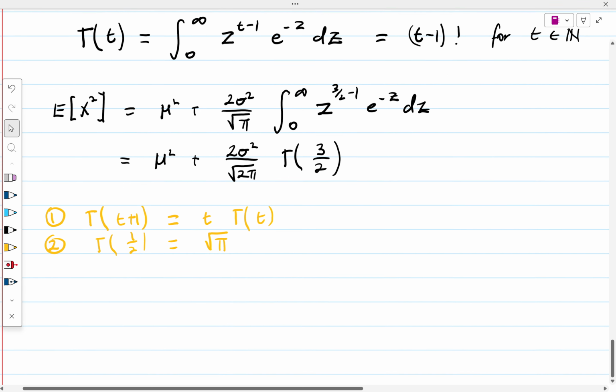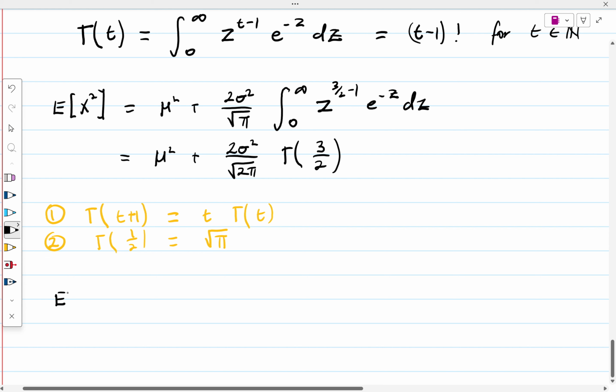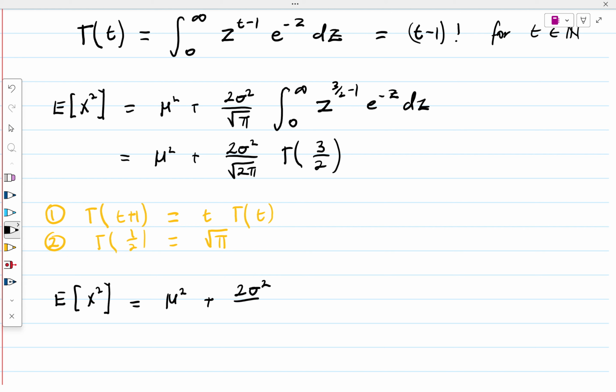From here, this allows us to say that the expected value of x squared is equal to mu squared plus 2 sigma squared on square root 2 pi. Here comes the first use of the property. Apologies here.